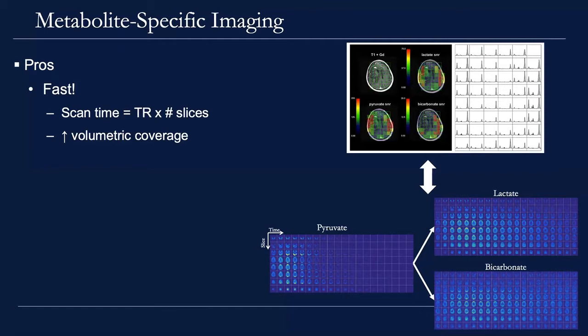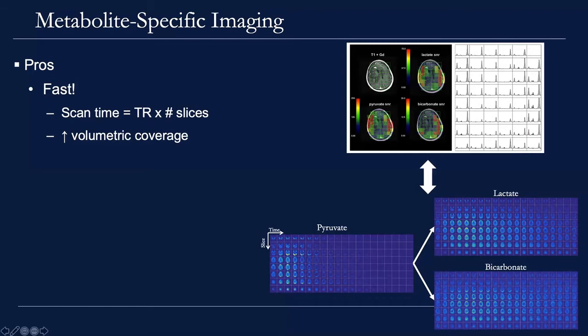So I'll just quickly wrap up here. The benefit here is that it's really fast, right? Our scan time in a single shot approach is just TR times number of slices, because your number of phase encodes is essentially 1 for a multi-echo EPI or a spiral type readout. That means we can use that savings in scan time to get an increase in volumetric coverage, right?